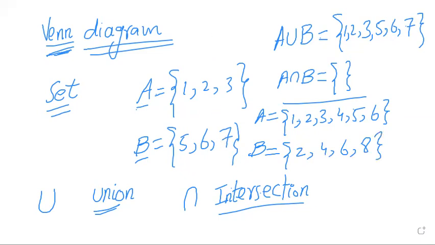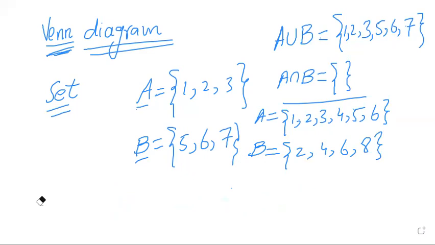Now, if you have to write A union B and A intersection B, then how will you write that? Remember, I told you in union, I will write the elements from both sets. But if any element is repeating in two sets, I will not repeat that one.